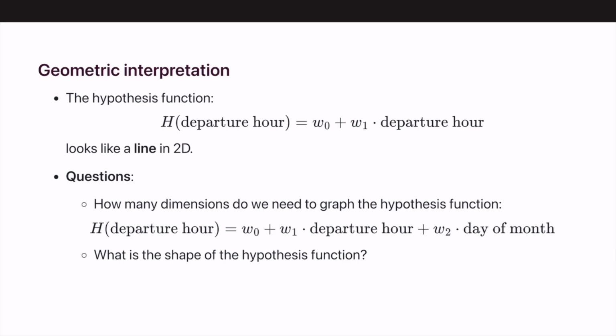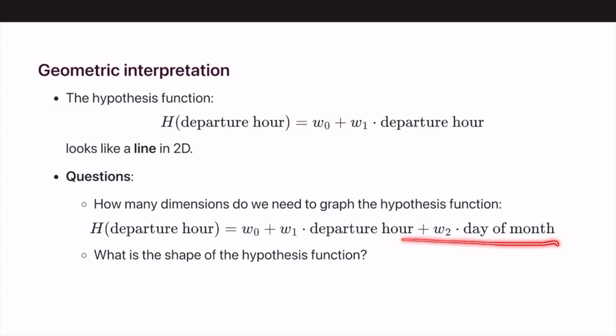I'm going to blast through this recap pretty fast because you're most likely watching these lectures back to back since we're not doing them live. But again, when we have just one input feature and one y-intercept, this is going to look like a line.